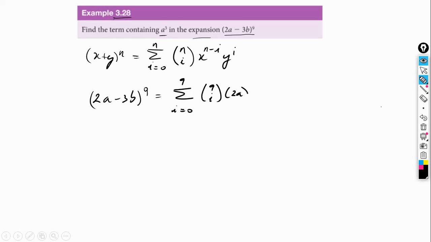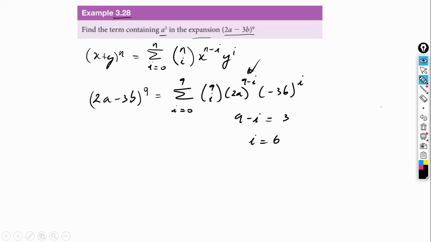So 2a to the power of 9 minus i times y, which in this case would be minus 3b to the power of i. So they're asking for the term containing a to the 3. So the only way we can get a to the 3 is here, right? So basically we need 9 minus i to be equal to 3. So that means that i is definitely going to be 6.